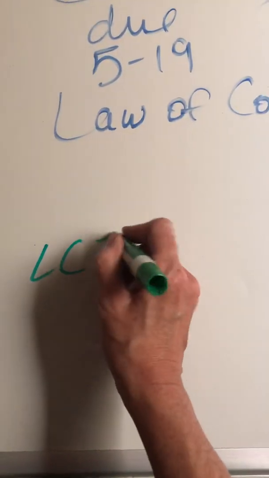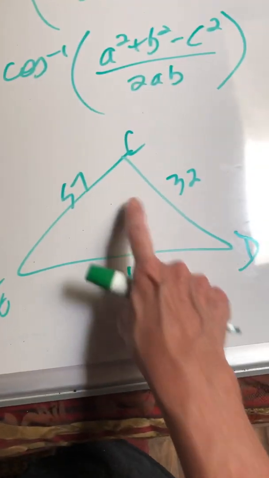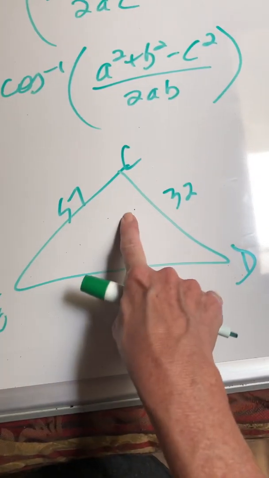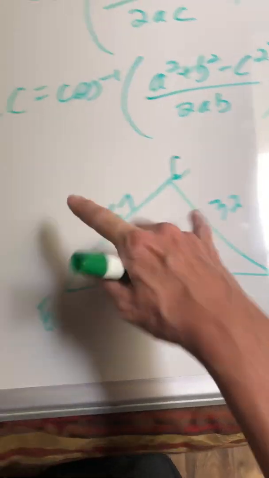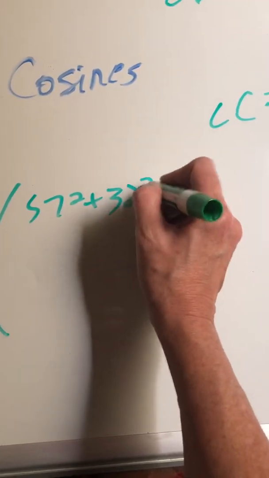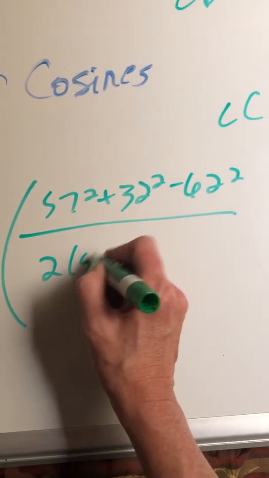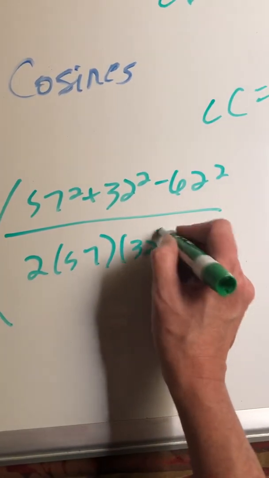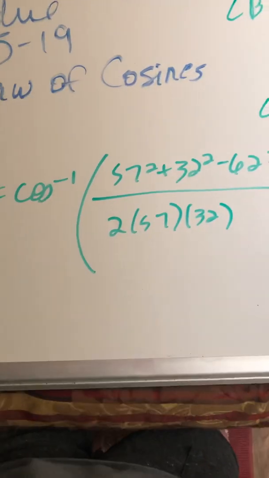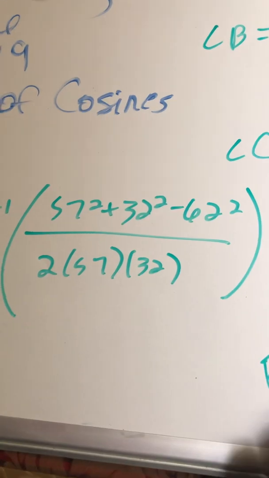So I want to find angle C. Angle C would be the inverse cosine of, now 62 is across from C, so I want to use these two sides first. So 57 squared plus 32 squared minus 62 squared all over 2 times 57 times 32. Now here's where you've got to be very, very careful putting this on your calculator.